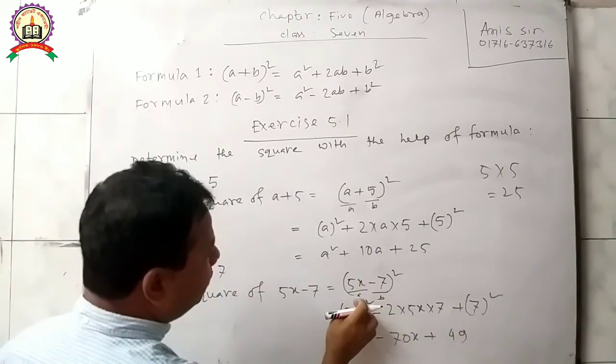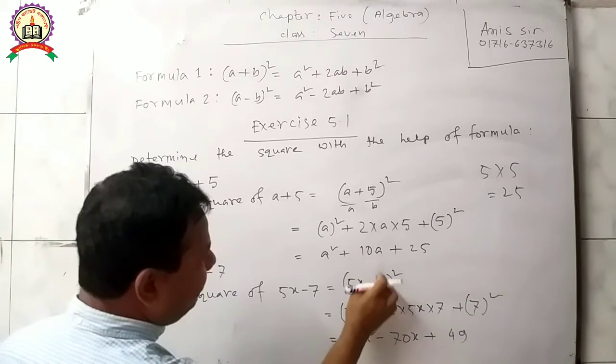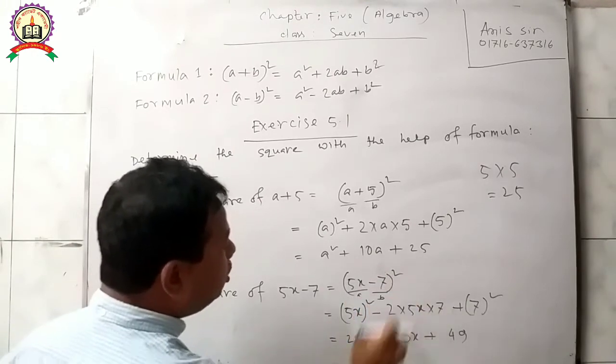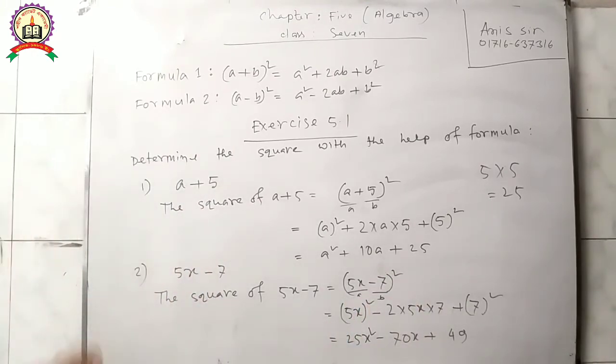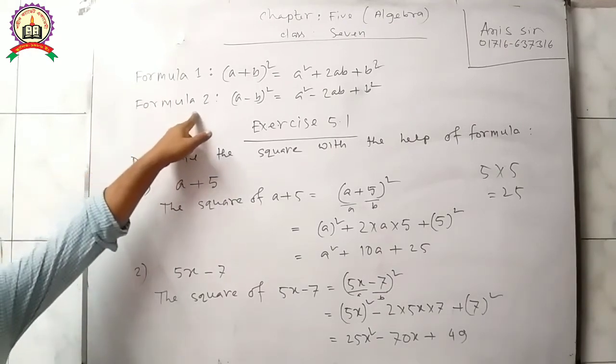So suppose 5x equal to a, 7 equal to b, then a minus b whole square. That means we have to use formula 2.